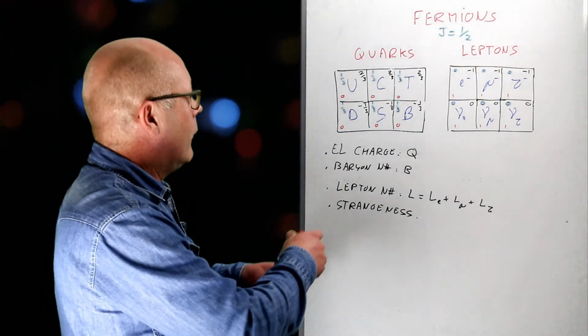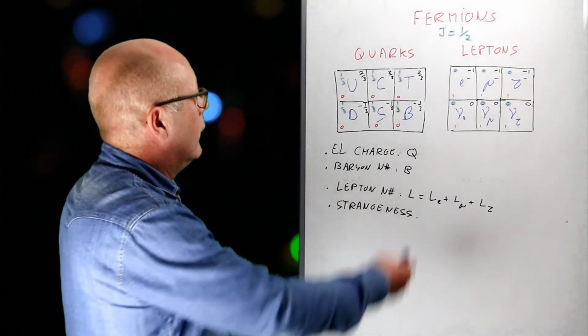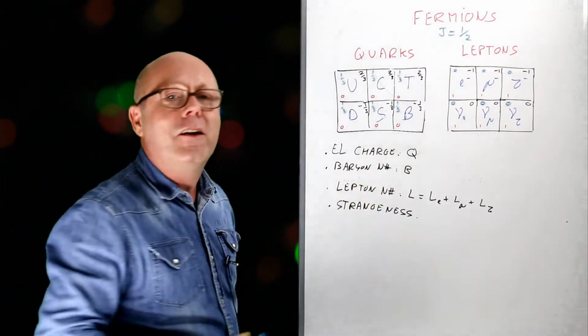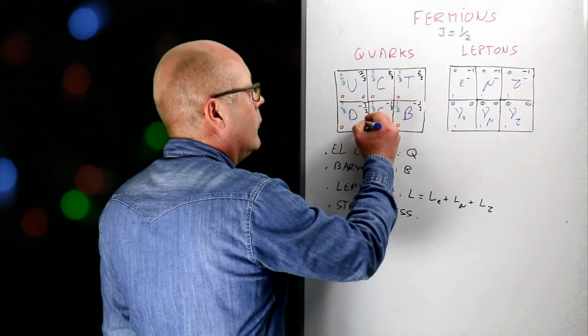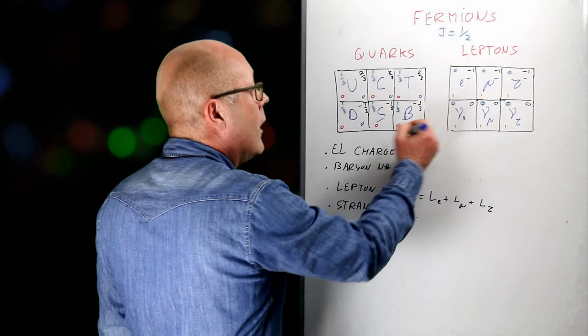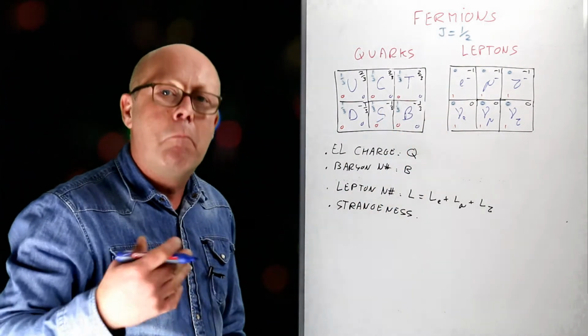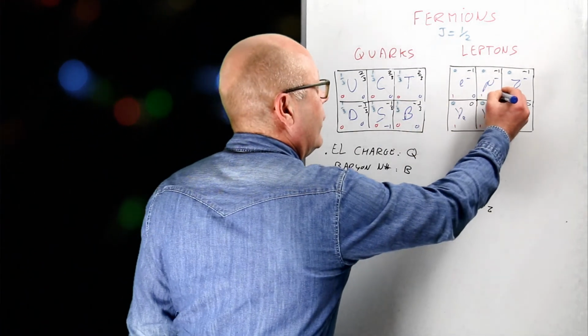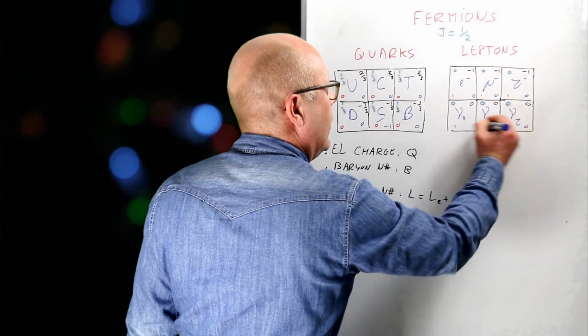So here, for all quarks, well, the strangeness will be 0, except for the strange quark. So here, 0, 0, 0, 0, 0. And for the strange quark, it will be -1. For the leptons, the strangeness will always be 0.